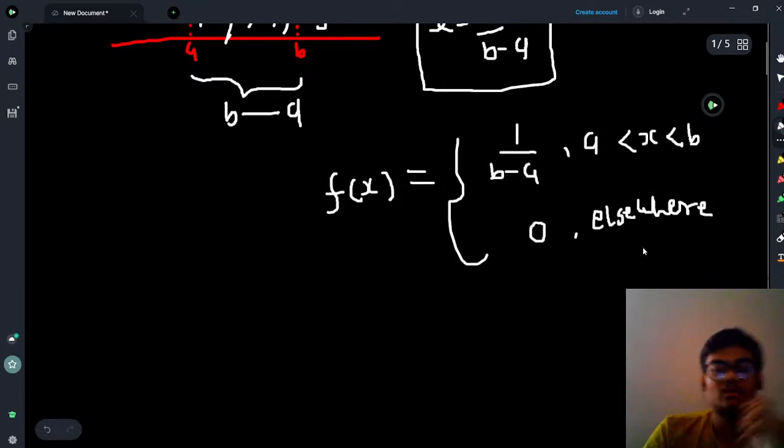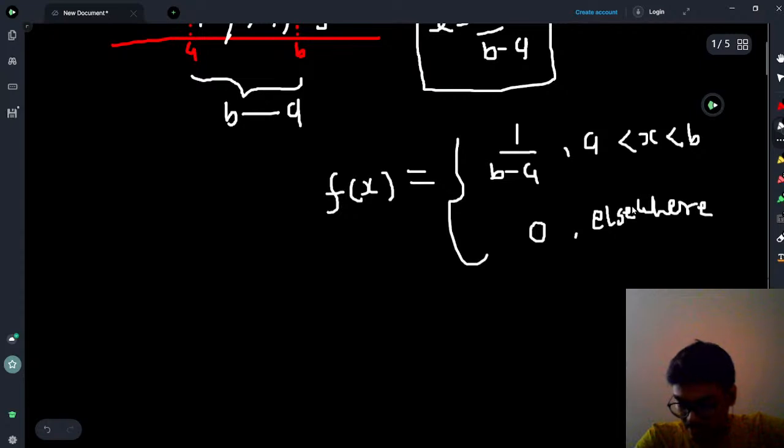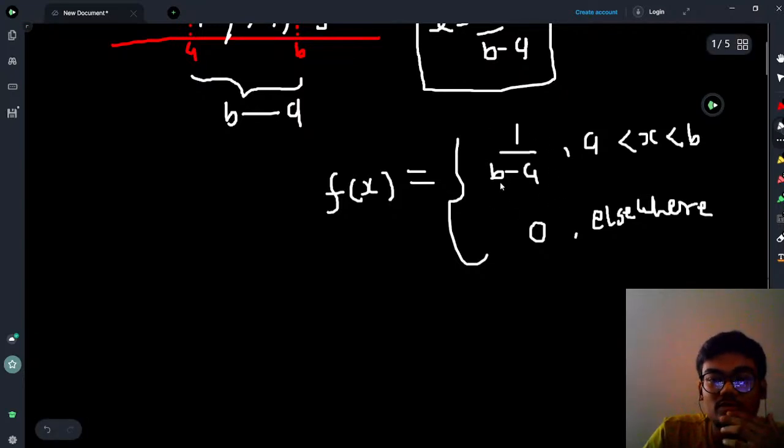So got it? This is our formula for the uniform distribution. If we want to find the probability for any range, we just substitute the limits, do the integration, and we can find the probability.